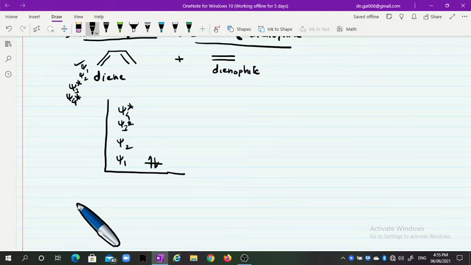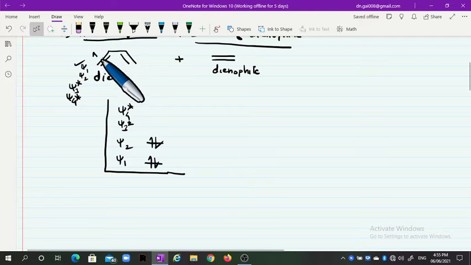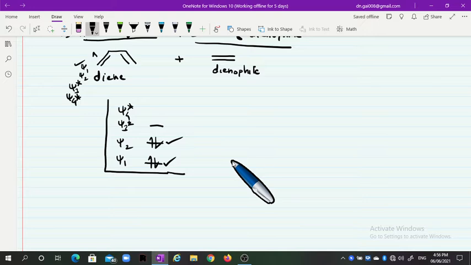For this pi there are two electrons, and for the other pi there are two electrons, therefore totally four electrons. In the ground state the first orbital is filled with two electrons, the next orbital is also filled with two electrons, and the next two are unfilled. Second, the diagram for dienophile we can draw here.